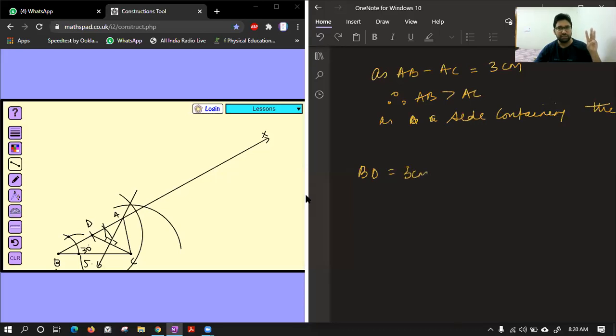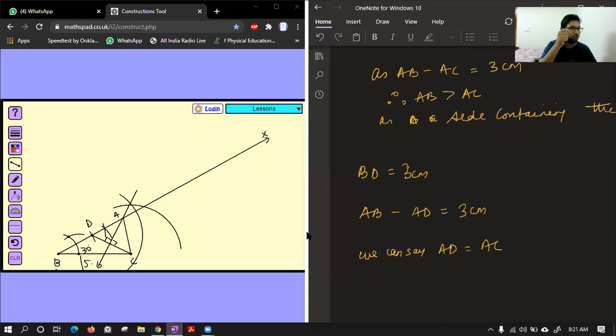Yes. Nice. Now after getting point A, AB minus AD, how much will that be? That will be 3 again, because AB minus AD is BD only. Now, can we say AD equal to AC? How can I say this?